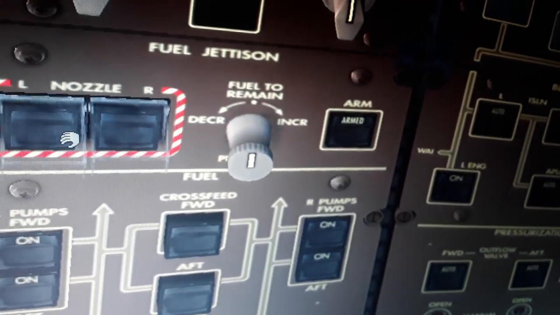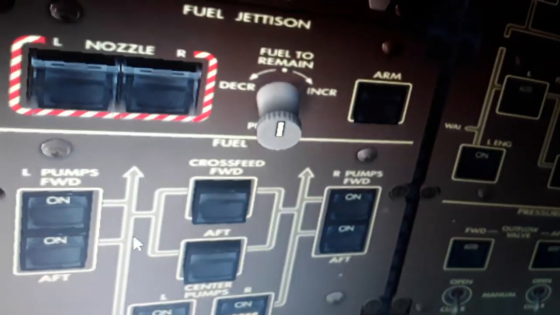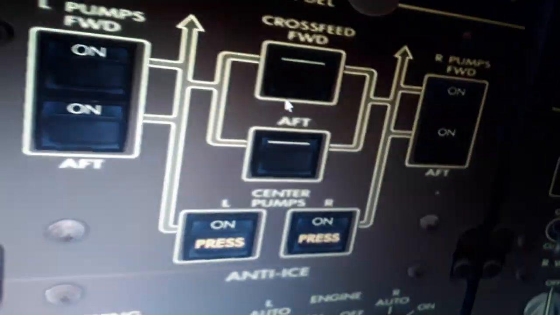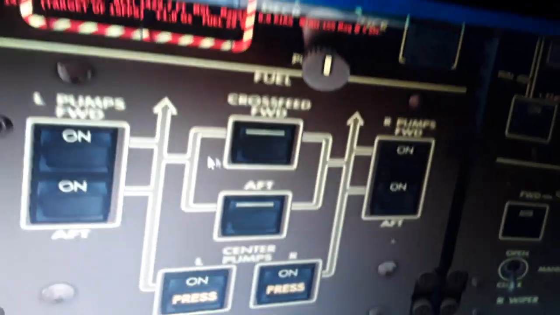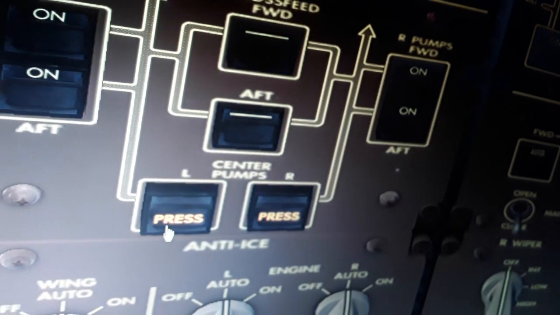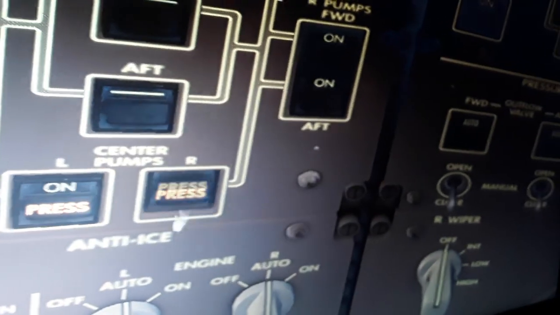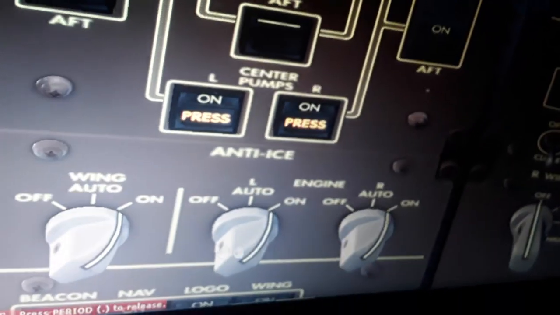You can select how much fuel to dump in flight from the selected tank. So we have the left and right wing, the cross-feed valves, the fuel pumps on the left and the right wing, and the center tank pumps. So we can also control the wing and engine anti-ice like this. This is some lighting for the aircraft and the windshield wipers.